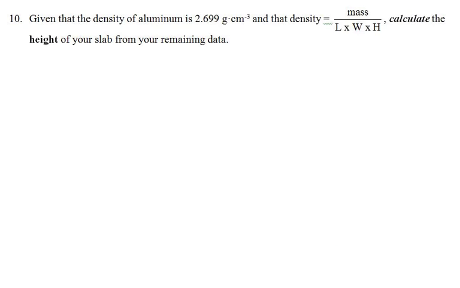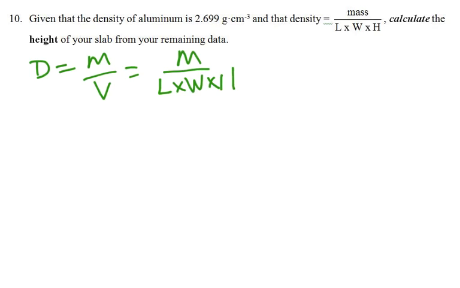The last thing here is, let's do a little mathematical manipulation. We know that density equals mass over volume, and we know that volume is length times width times height. Now we had some trouble with that height, because it's such a small measurement. So we're going to work backwards and say if we know what the density is, then can we go back and calculate what this height ought to be?